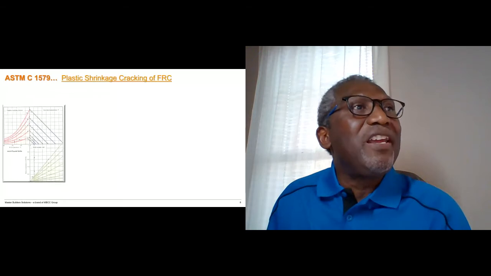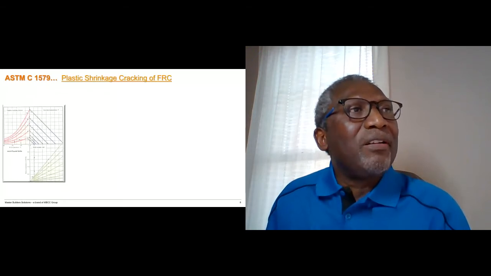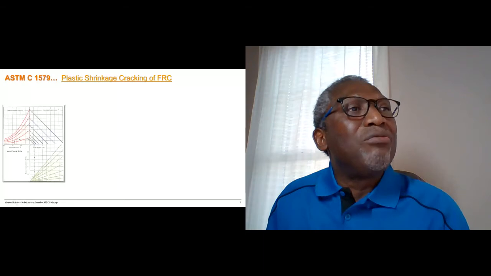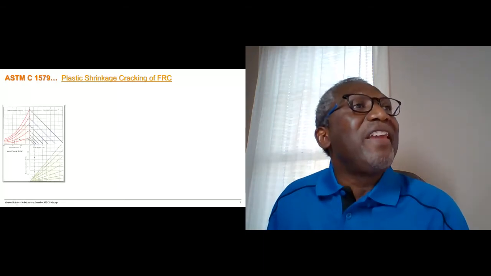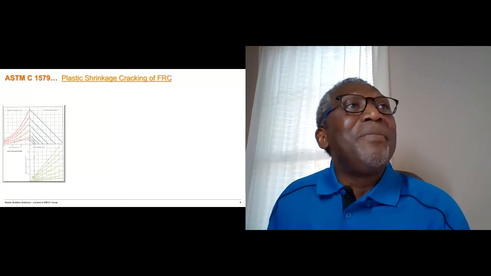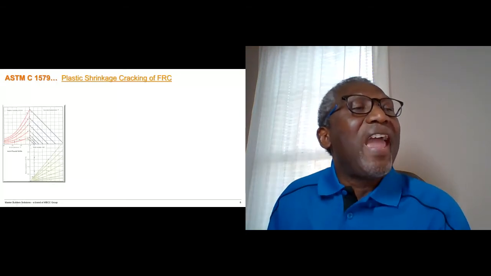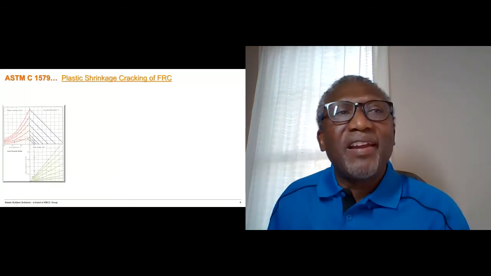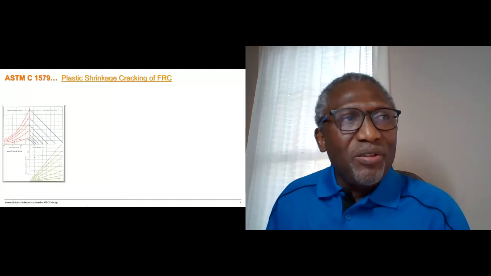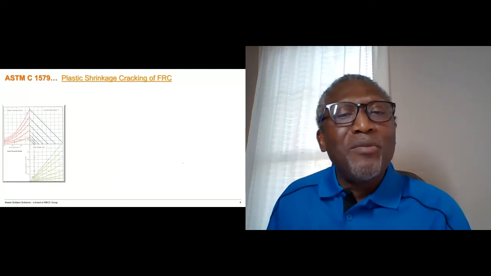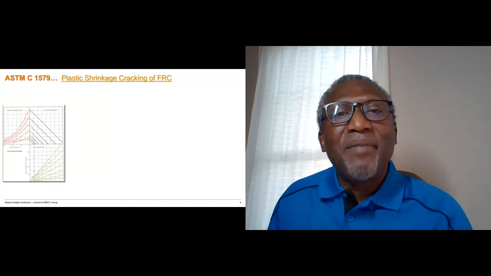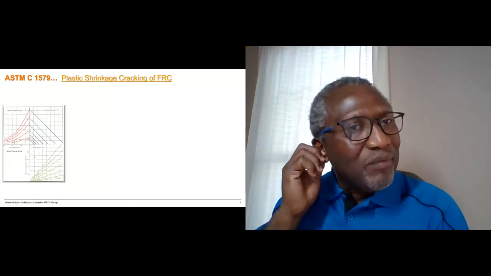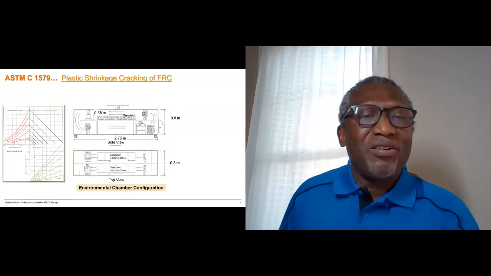And it essentially helps to estimate the rate of evaporation of bleed water from the surface of the concrete if the air temperature, relative humidity, concrete temperature, and the wind velocity or the wind speed are known. So this is a nomograph that's used predominantly within the industry to estimate the rate of evaporation of bleed water from the surface of concrete.